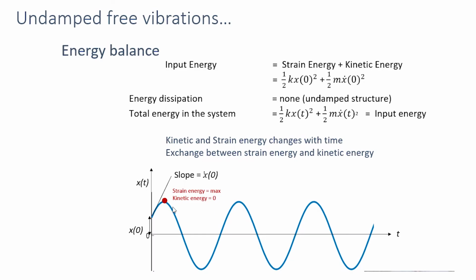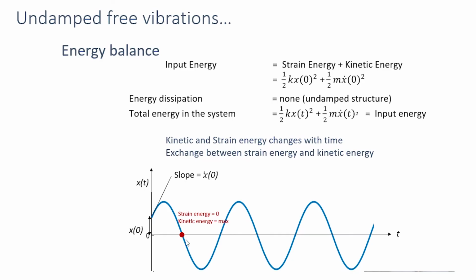Now, after some time, at this point the displacement is 0, but the velocity will be maximum, because if you look at this curve, this point will have the maximum slope, right? So the kinetic energy will have the maximum value, but the strain energy will be 0 at this point.